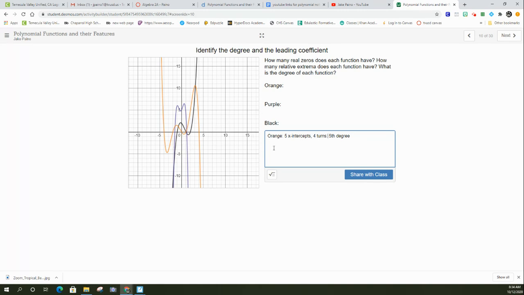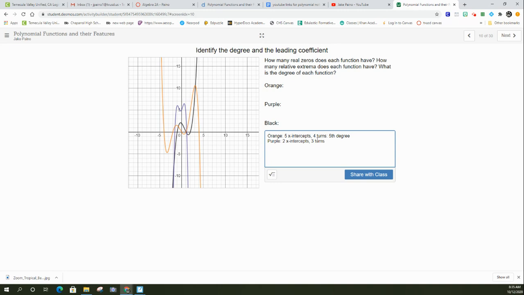All right, so now let's focus on the purple. The purple has 2 x-intercepts. It has 1, 2, 3 turns. So that's not weird, okay? But it means that the degree is not 2.